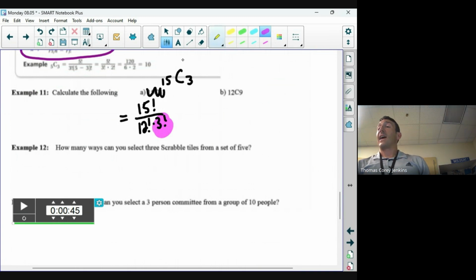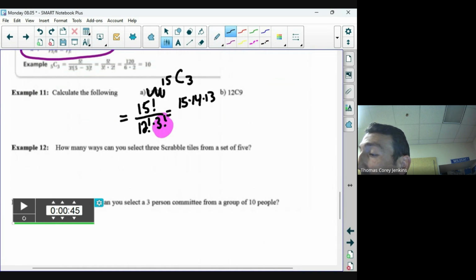So without a graphing calculator, the 12 factorial is going to leave me with 15, 14, 13, which I think is the easiest way to think through it. Then we can divide that by 3 factorial, which is just 6. With the graphing calculator, I'm just going to type it as it's written.